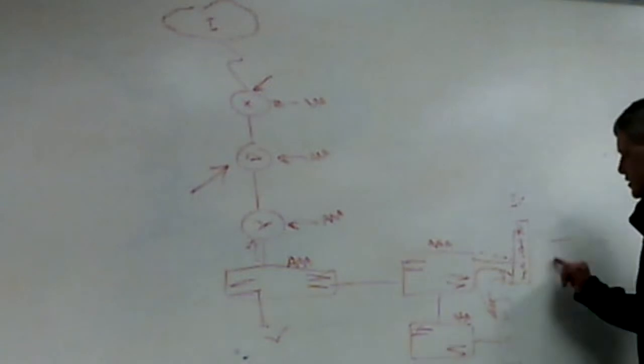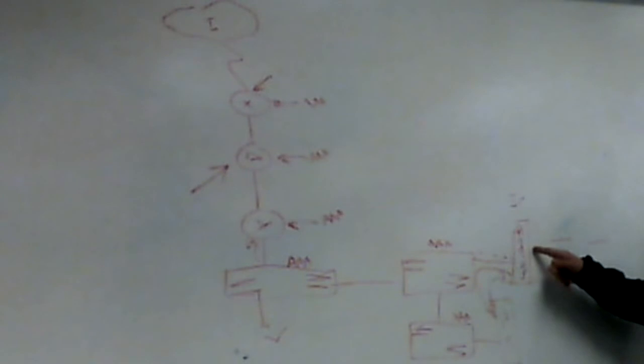And that RADIUS server can do a couple different things. It will either A, look at its own database, because it can have its own database within it, or it can be pointed at another database, i.e. an Active Directory or LDAP database, to validate that username.